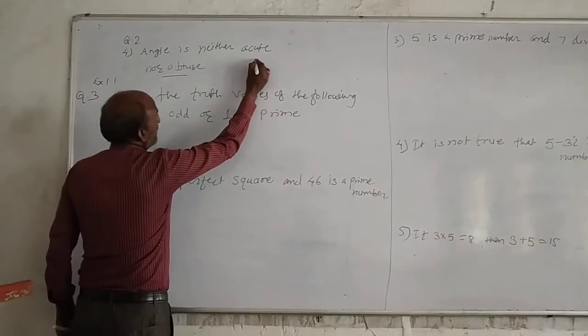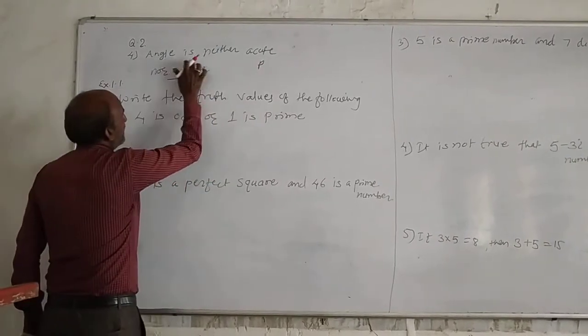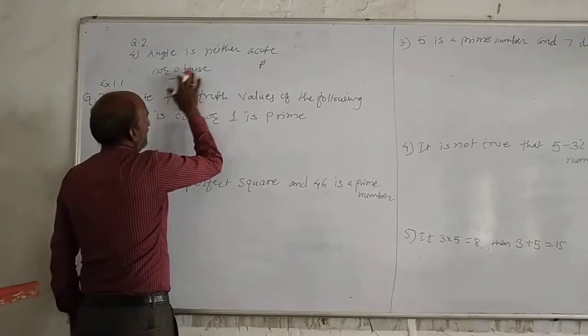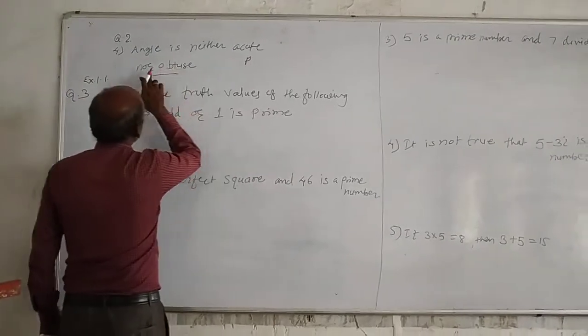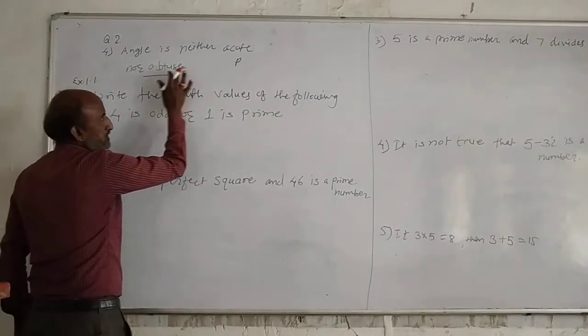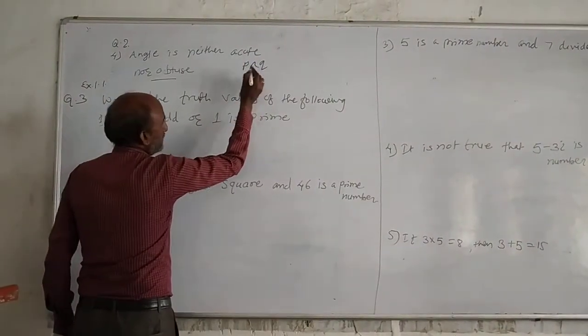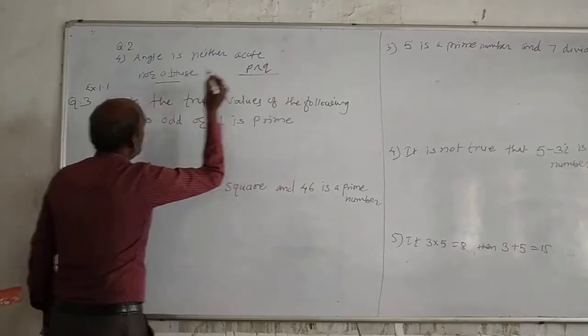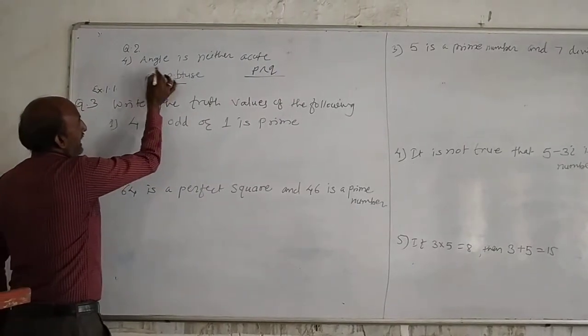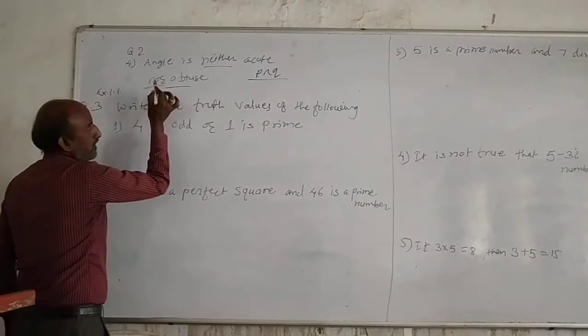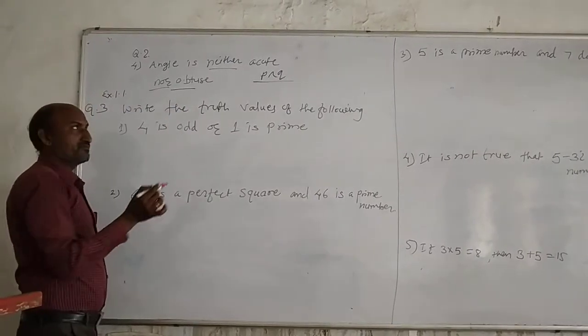Yesterday I explained: statement P, the angle is acute; statement Q, the angle is obtuse. Here use the connectives with P and Q. But what is this? "Neither, nor" means negation.